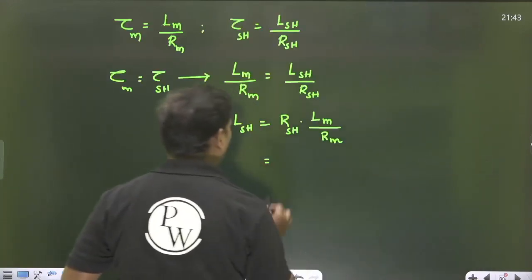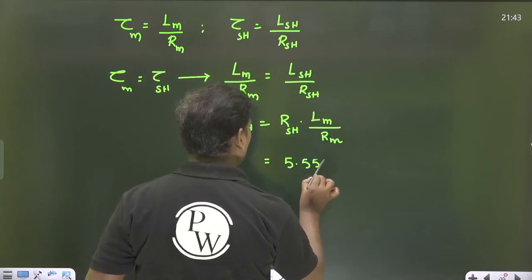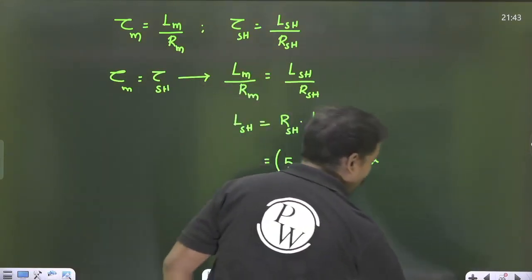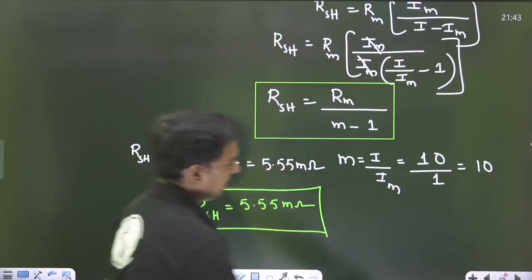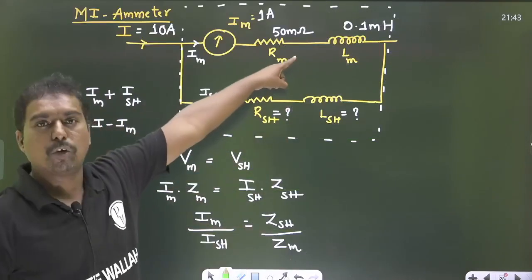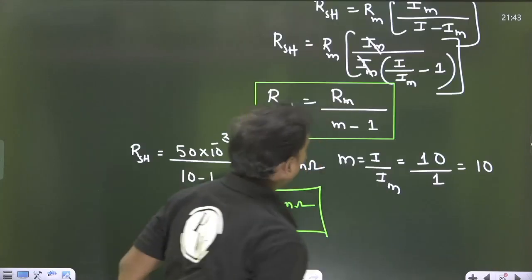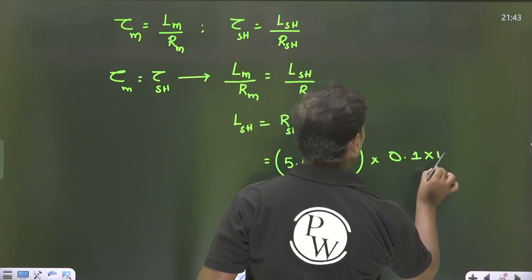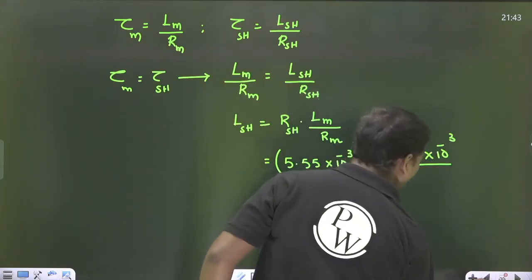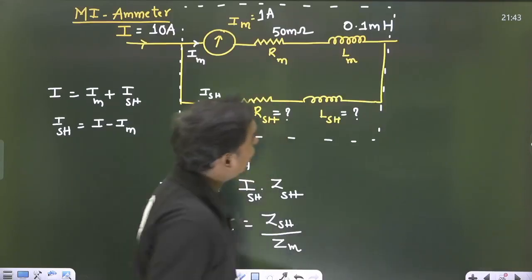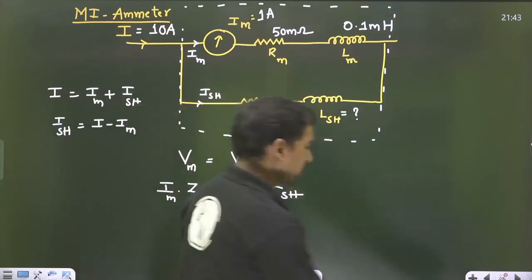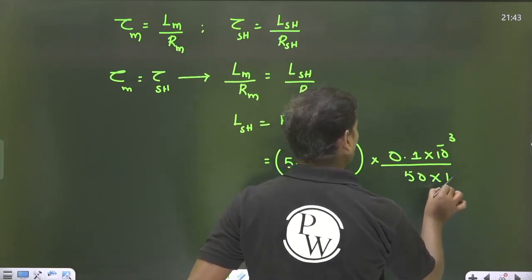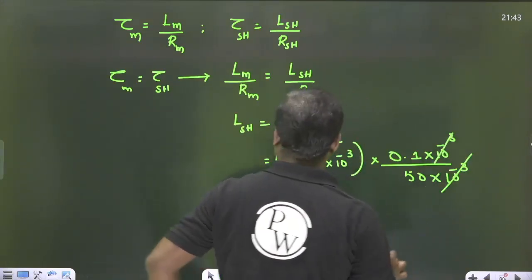So take this as 5.55 into 10 power minus 3, into LM, the self-inductance of the coil, that is 0.1 millihenry, so 0.1 into 10 to the power of minus 3, divided by RM, the meter resistance, that is 50 milliohms. So what is the answer? You can find out.